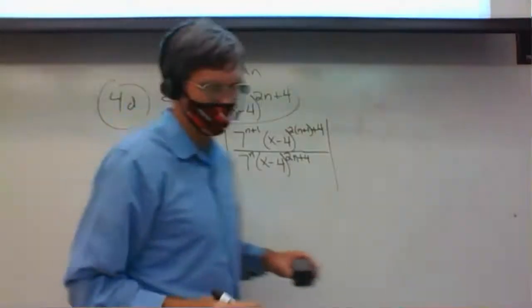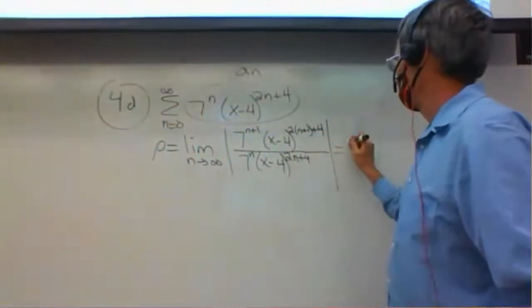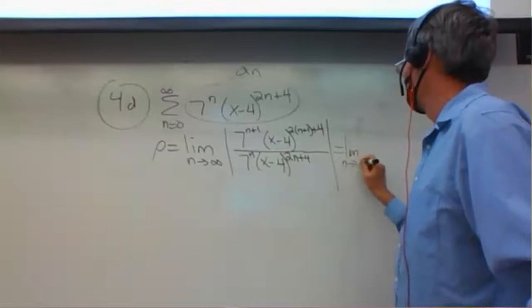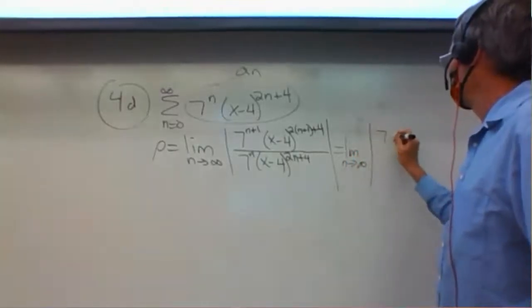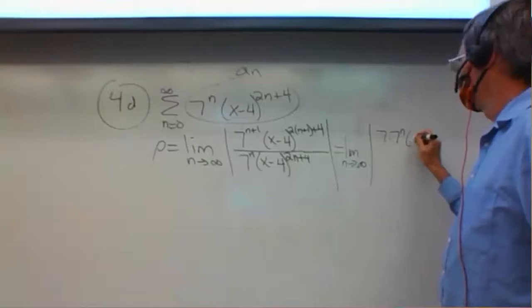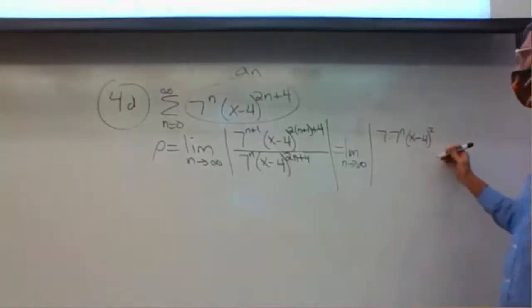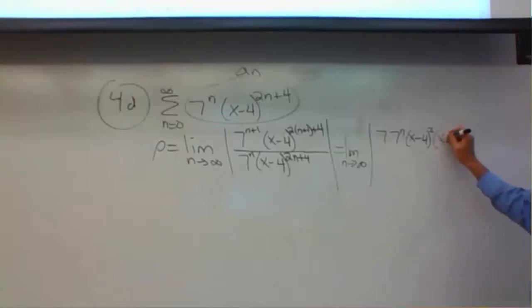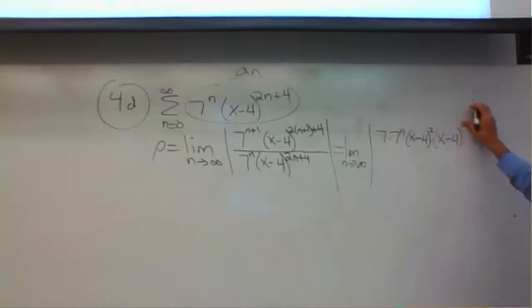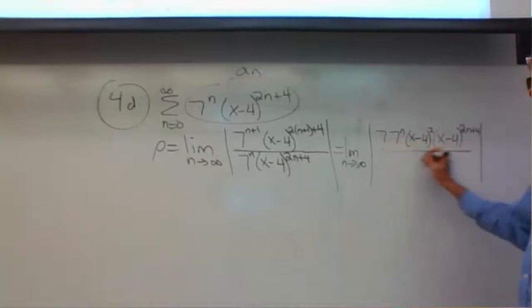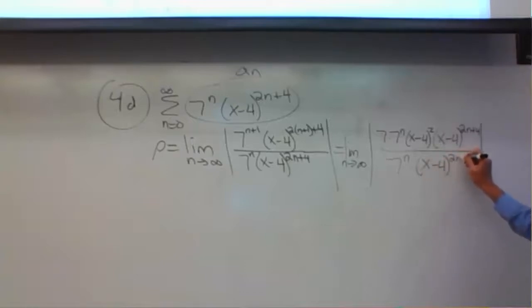All right. And now I do a little algebra. This is limit n goes to infinity of 7 times 7 to the n times x minus 4 squared times x minus 4 to the 2n plus 4 all over 7 to the n times x minus 4 to the 2n plus 4.